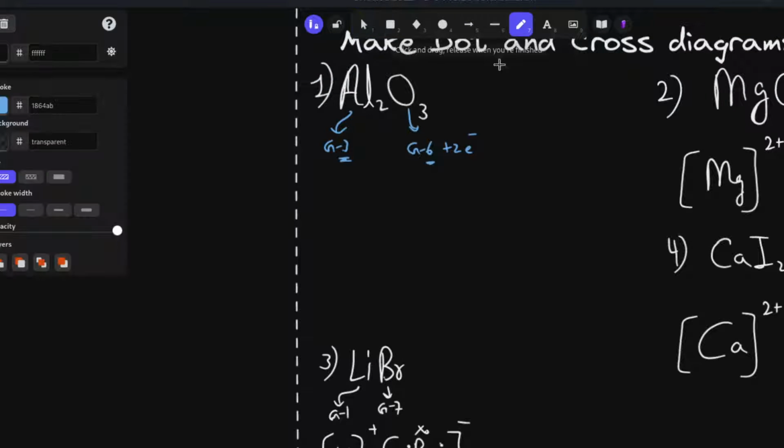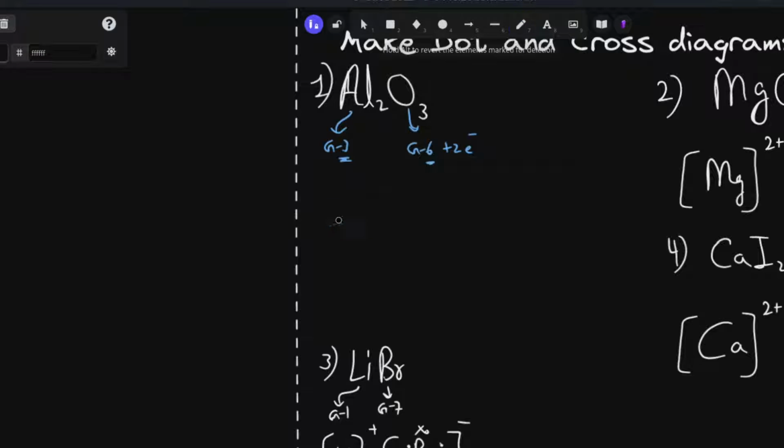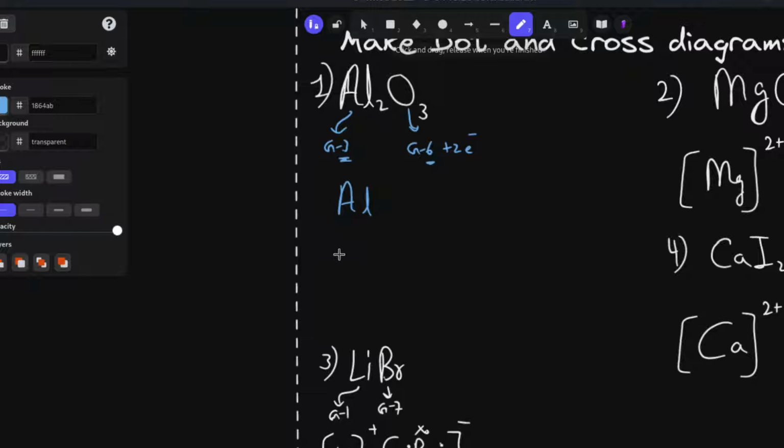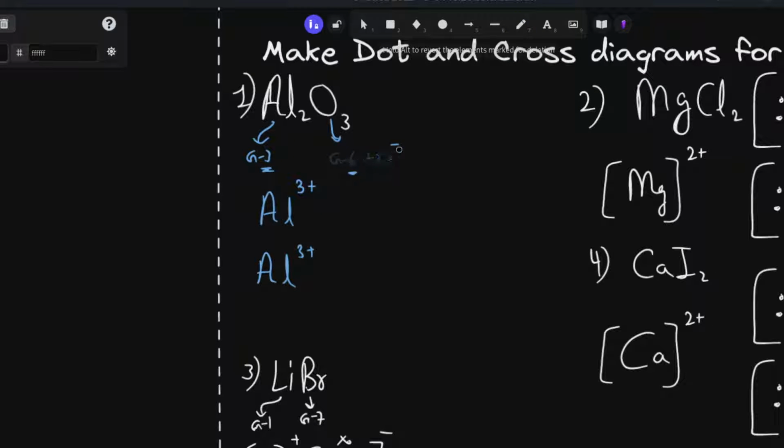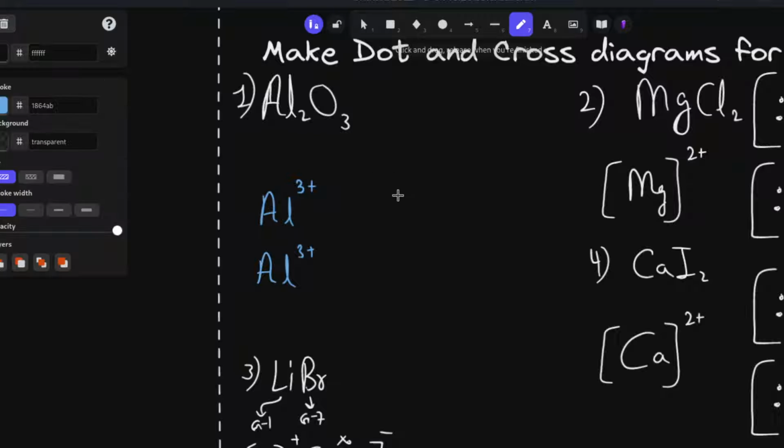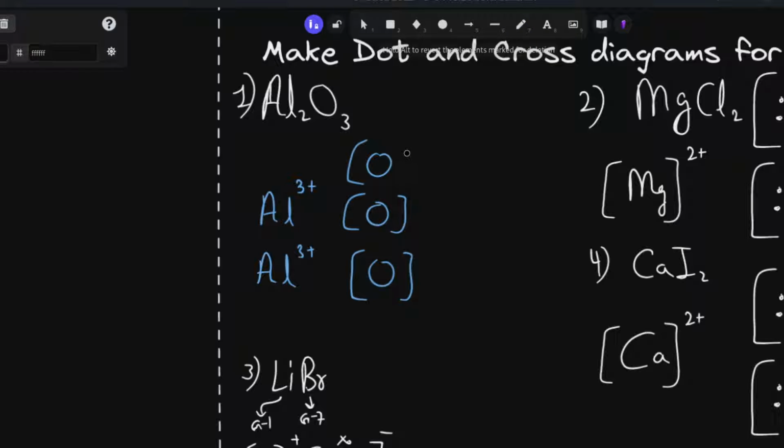So I'm just getting space. Aluminum, there will be 2 aluminum. And each of them will have a 3 plus charge. No need to show the electrons, they are already gone to the oxygens. Let me erase this. And now we can have our oxygens like so, with their final shells.